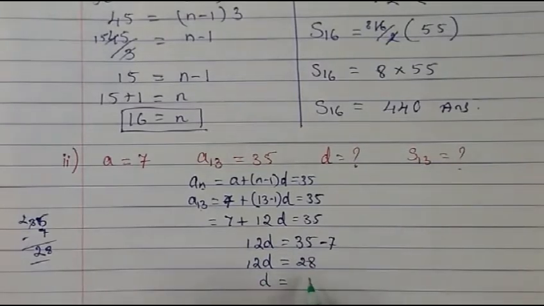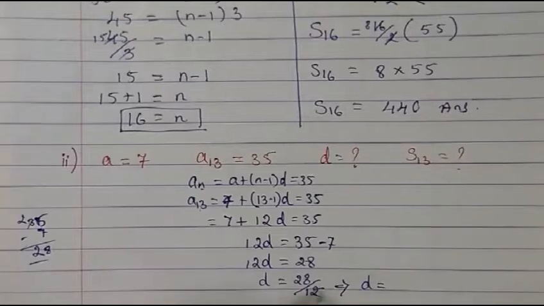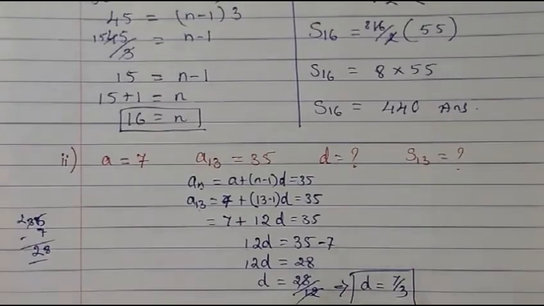So d equals 28 upon 12. If you cancel, we will get d equal to 7 upon 3. So we found the d value.